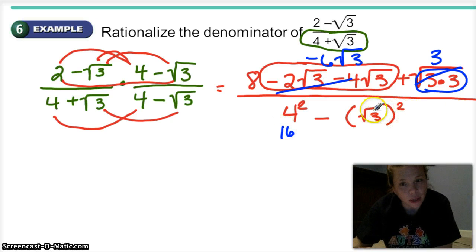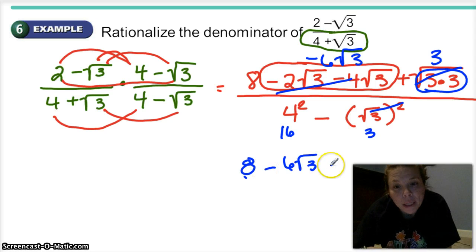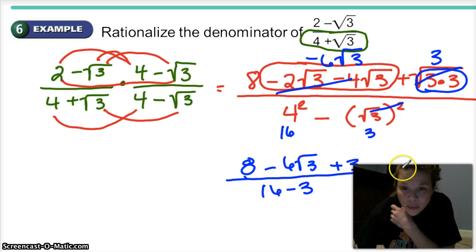Root 3 squared, the square root and the square cancel each other out, so now we have 3. All right, I'm just going to write it all down because it's starting to get messy. 8 minus 6 root 3 plus 3 all over 16 minus 3. This leaves us with 8 plus 3 is 11 minus 6 root 3 all over 16 minus 3 is 13.